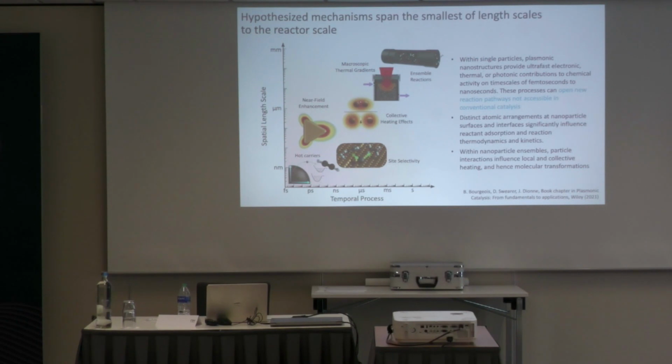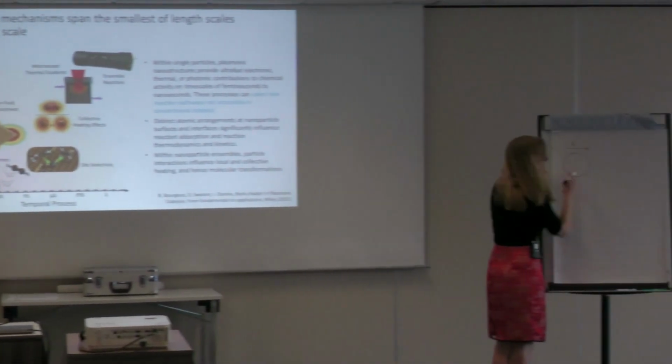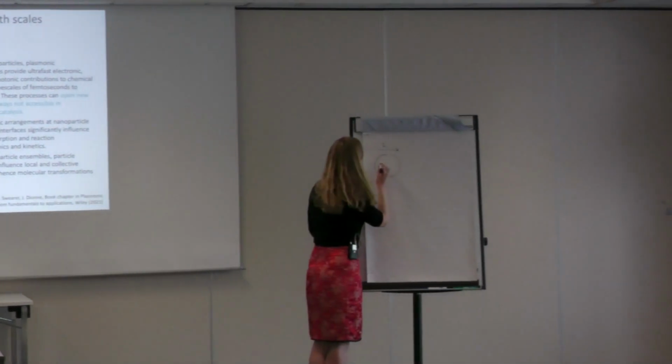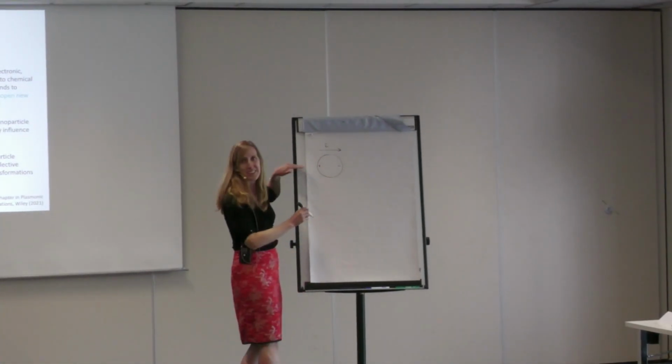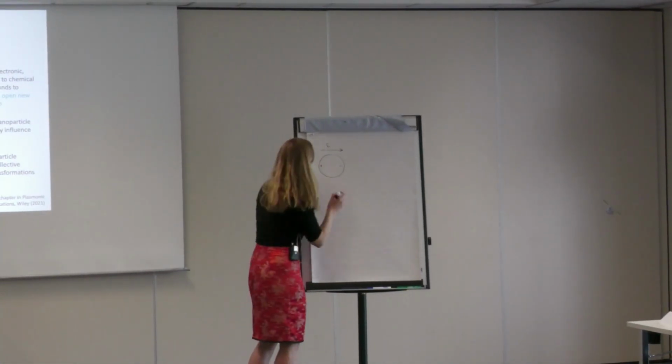So, let's say there are different sorts of modes that can occur. In, let's say, just a spherical nanoparticle, you can have a charge distribution that's like plus and minus, right? So that's your dipolar-like mode.